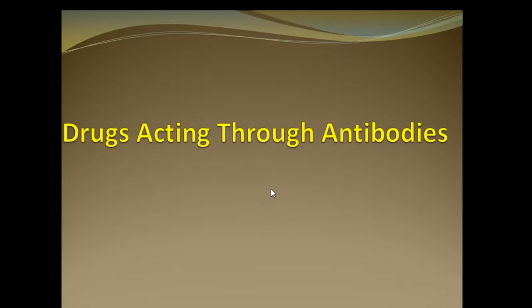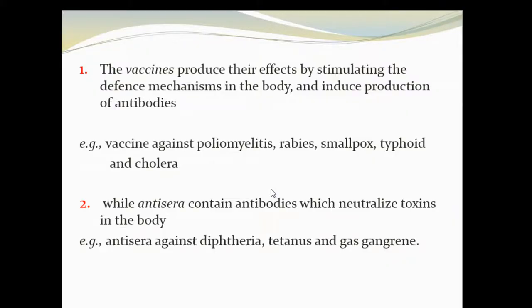Next, drugs acting through antibodies. Vaccines produce their effect by stimulating the defense mechanism in the body and inducing production of antibodies. These antibodies will kill the antigen or virus which comes into our body and protect our body. So the drug's basic mechanism is to produce antibodies in our body.